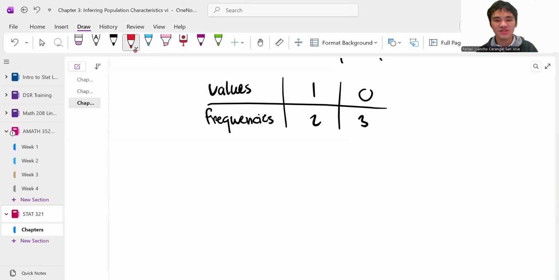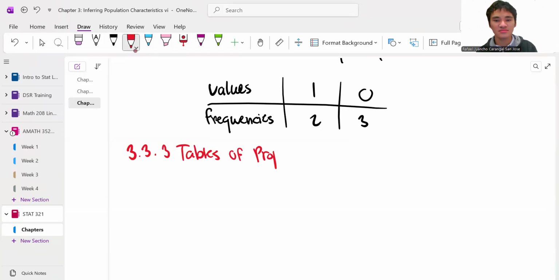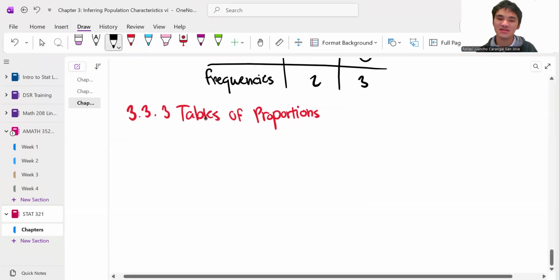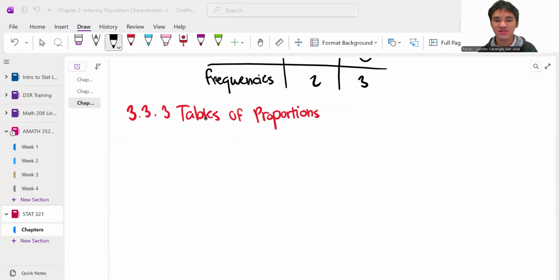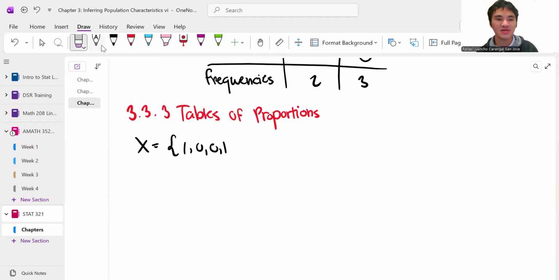So if we have frequency tables, we also need what we call tables of proportions. So you can kind of already get an idea of what this is. Basically, it's the same as frequency tables, but we do it using percentages. So say again, we go back to that example.